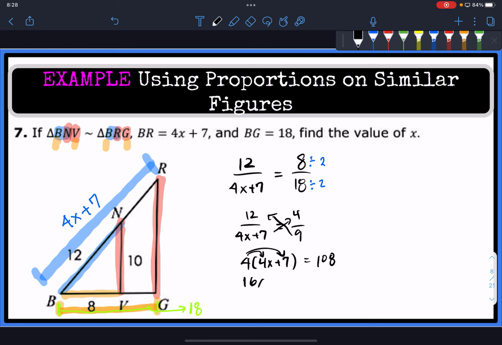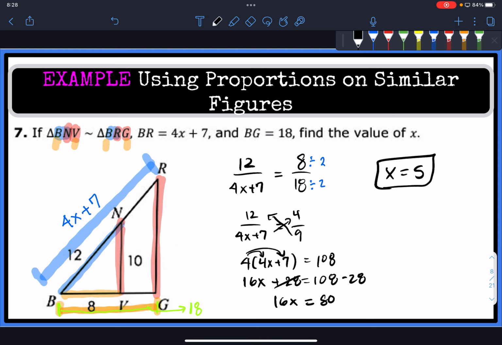So this is 16x plus 28 is equal to 108. Subtracting the 28 from both sides, moving the 28 to the other side, making it negative 28, 16x is going to equal a total of 80, and dividing that 80 by 16, that's going to give us an answer of 5. So the value of x is equal to 5.